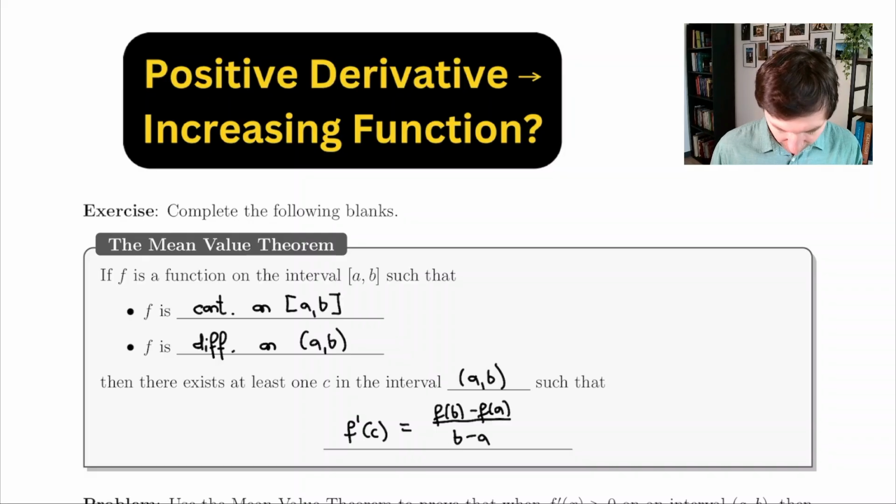And that quantity on the right side represents the average rate of change of the function f on the interval [a, b].